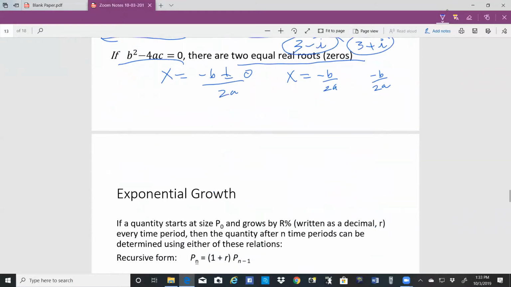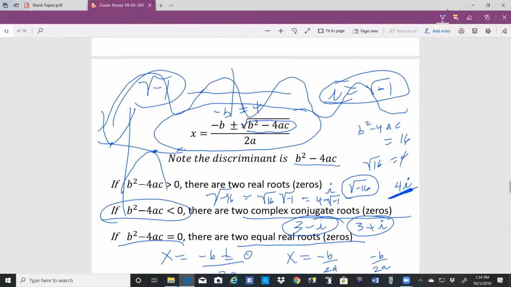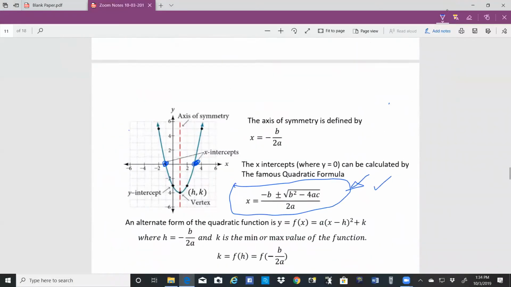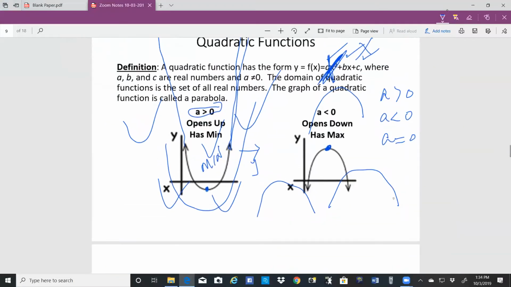But that basically is quadratic functions. So what do you got to know? You got to know whether a is more than 0 or less than 0 to know which way it opens, up or down.